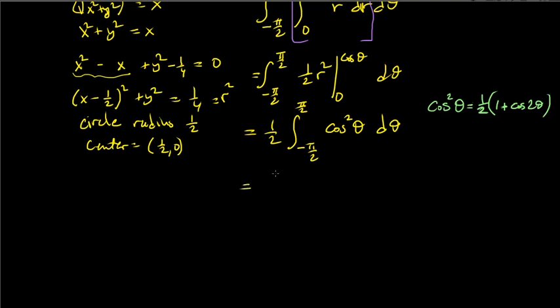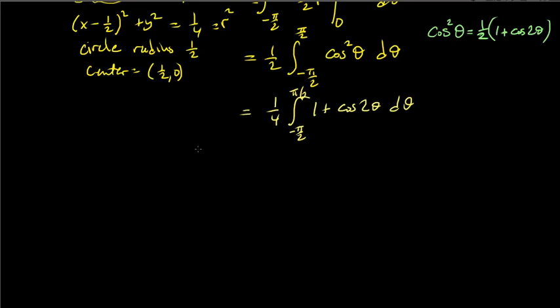So we get another 1/2, that's 1/4. And then we're just integrating 1 plus cosine of 2 theta d theta, again, from minus pi over 2 to pi over 2. Well, this is just the sum of two integrals.